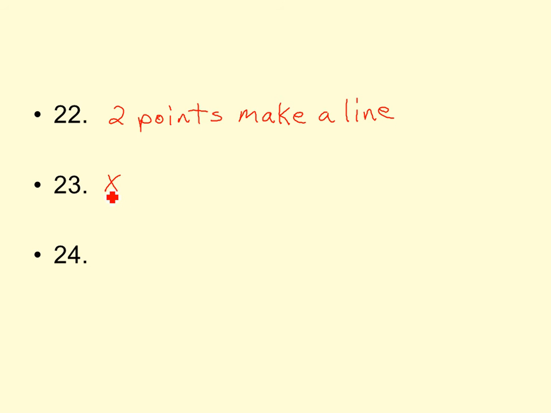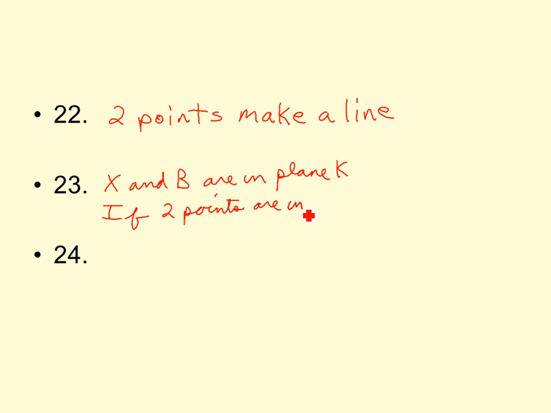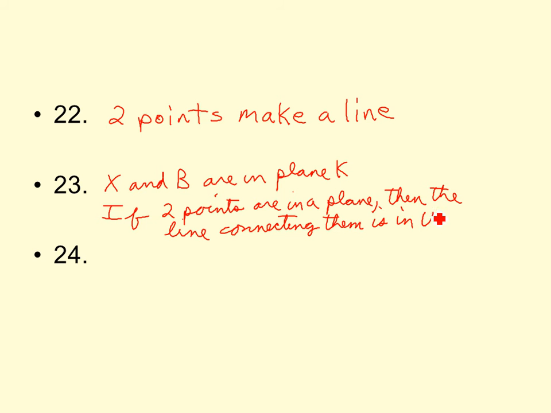So if X and B are in plane K, then the line that connects X and B must be in plane K. And our theorem for that was, actually our postulate, if 2 points are in a plane, then the line connecting them is in the same plane.